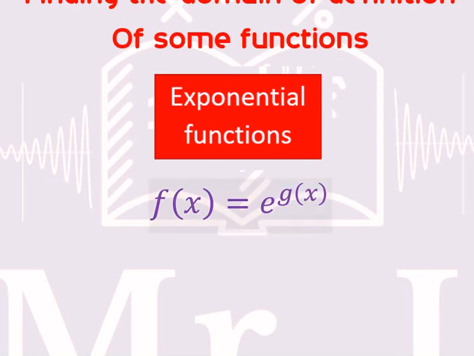As an exponential function, the domain of definition is R, but still we need to study the domain of definition of g of x. And here I'm supposing, as in the previous examples, that the domain of g of x is the real set. So if g of x is always defined, the domain of definition of the exponential function is the real set.